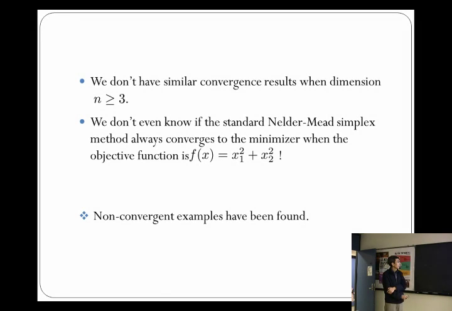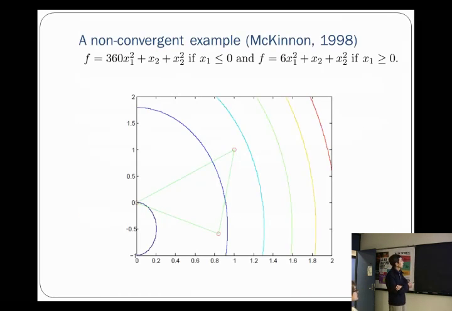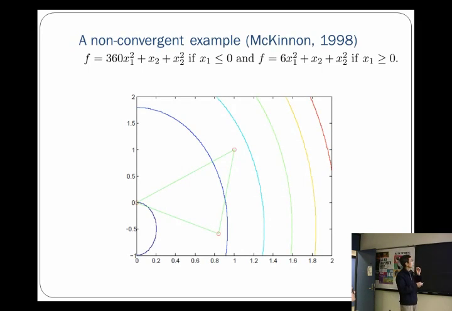Even worse, we have some non-convergence results discovered. This is a famous example constructed in 1998 by McKinnon. So this function is defined here. It is strictly convex with continuous first derivative, but not continuous second derivative. It's piecewise defined. So this is the contour.